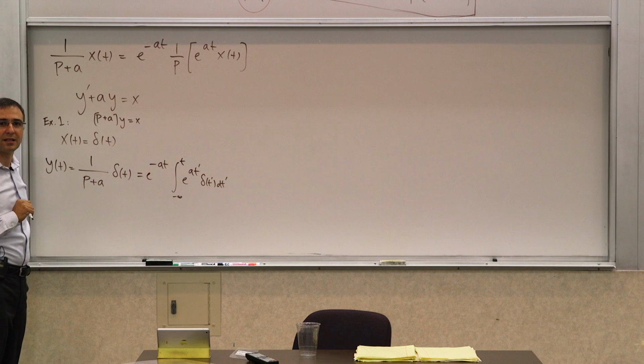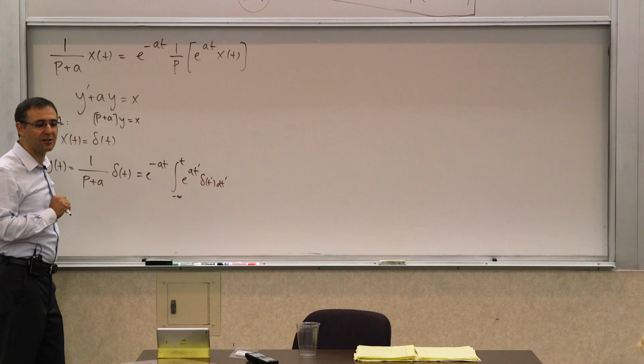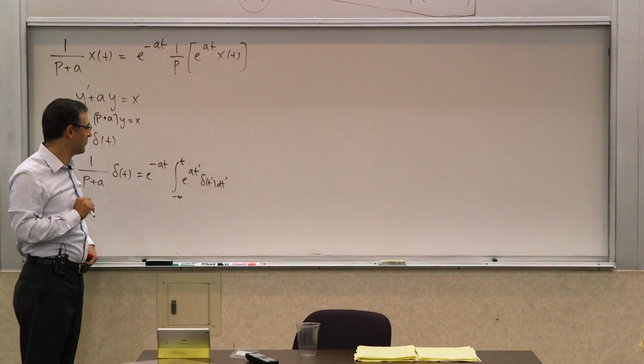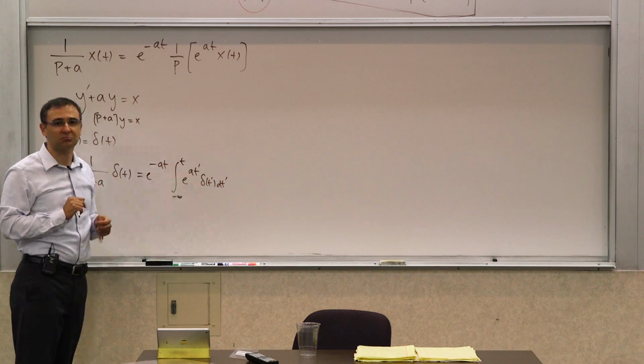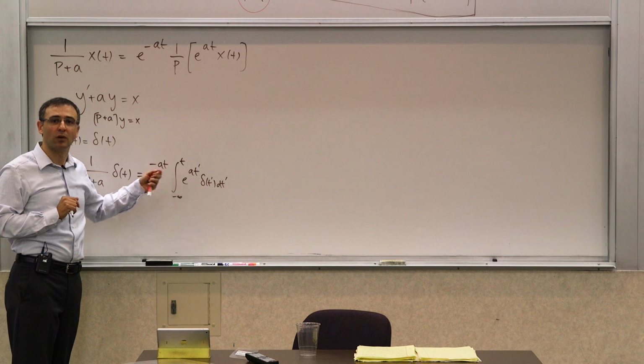Can you simplify this a little bit more, considering the fact that it's the delta of t? There are good things about delta of t, right? So what can you say about the value of this function? You can take that one out and make it 1. Exactly. You can take it out and make it 1. Why?